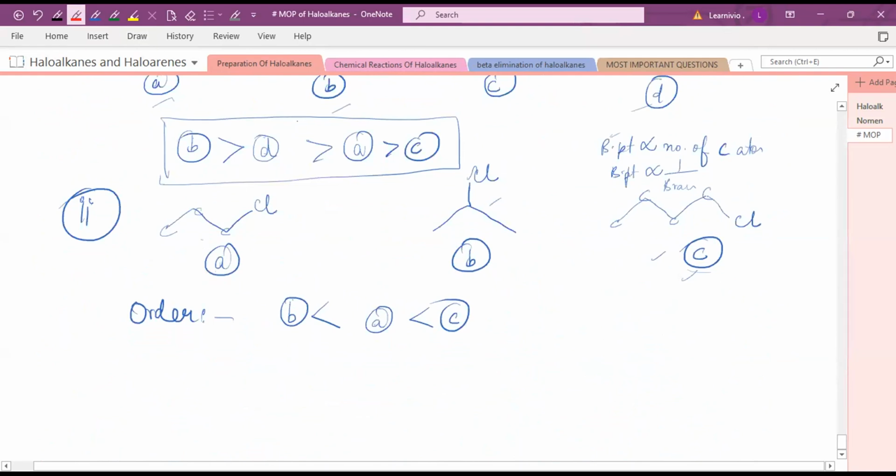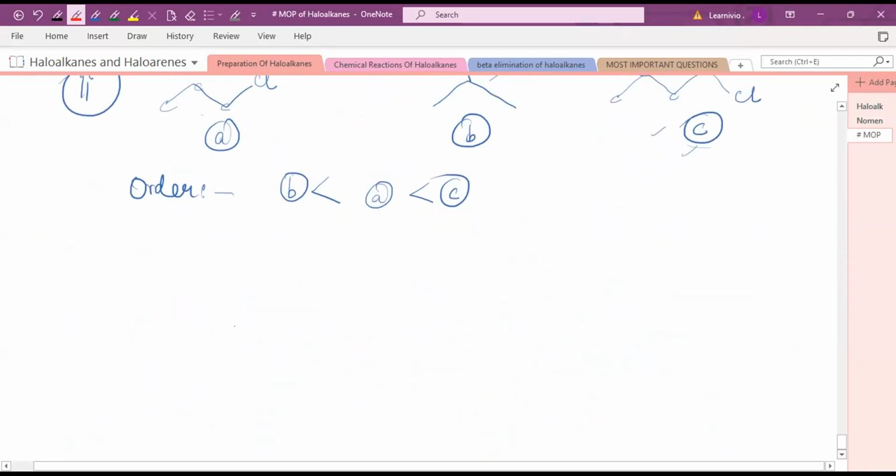And when we talk about the haloarenes, basically the melting point of, for example, if I draw 3 structures, if I draw your para dichlorobenzene, this is your para position.